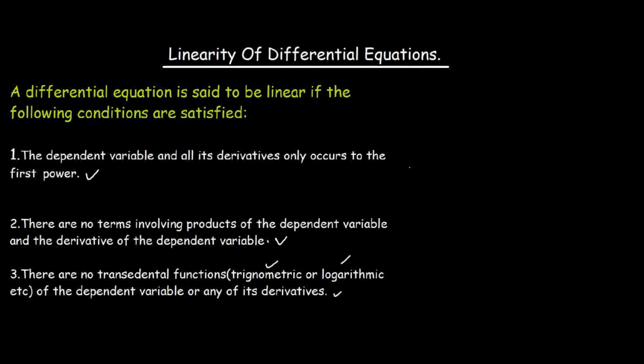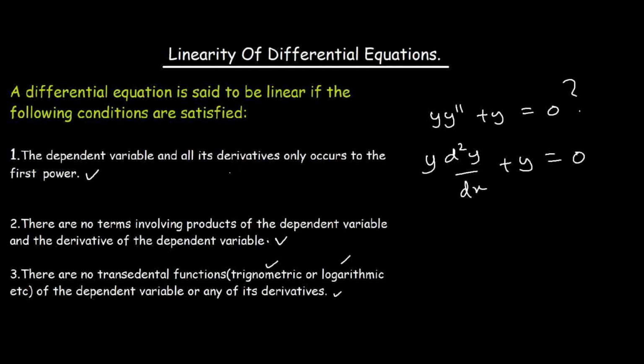Okay, so I have this example here. You have y multiplying y double prime plus y equals 0. Is this a linear differential equation or a nonlinear differential equation? So let's look at this. I can rewrite this as y multiplying the second derivative of y with respect to x plus y equals 0.